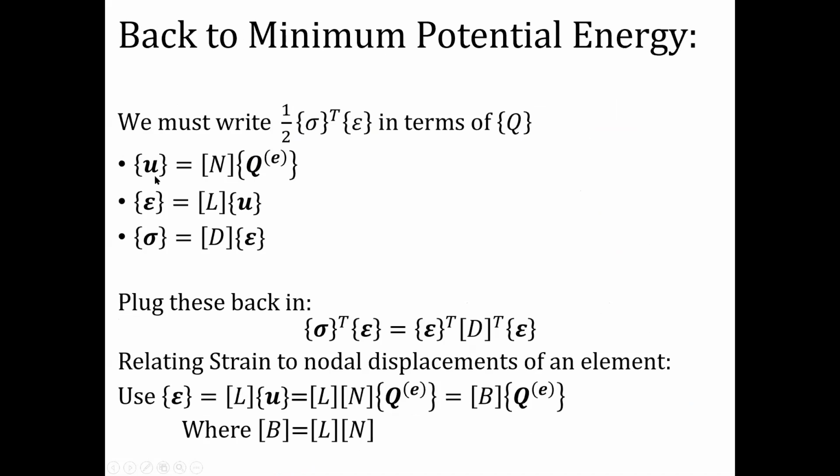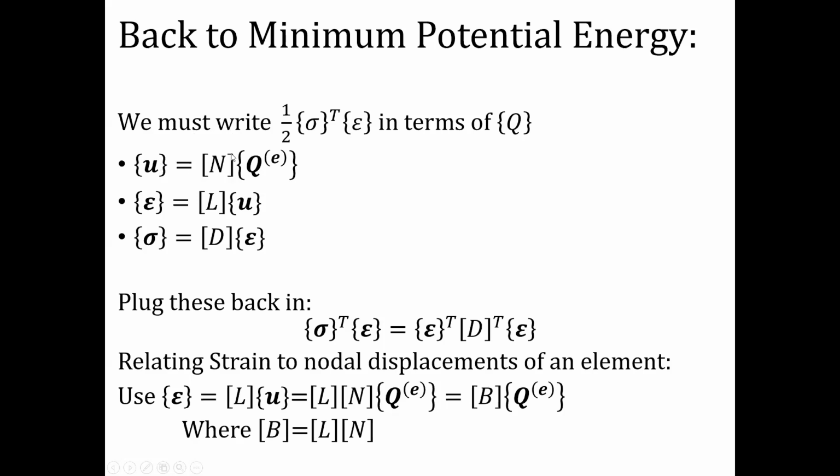This is the last part of the puzzle, before we can plug everything back in and take that derivative. We are saying that strain is related to displacement, and displacement is related to nodal displacements.